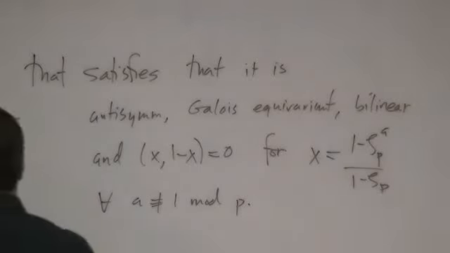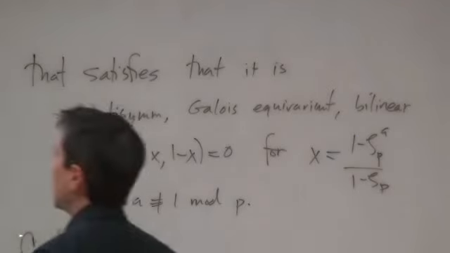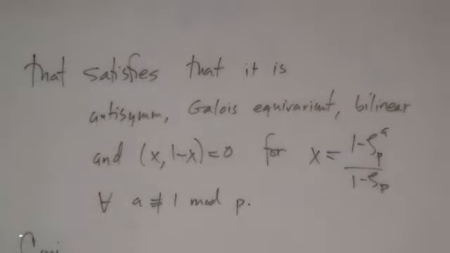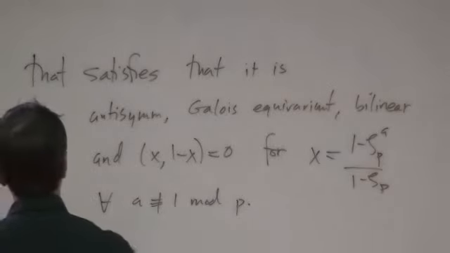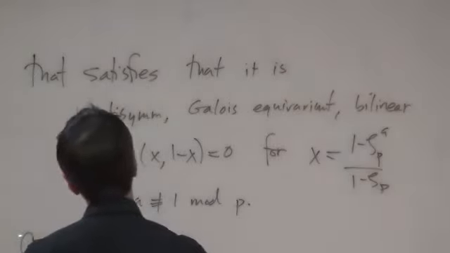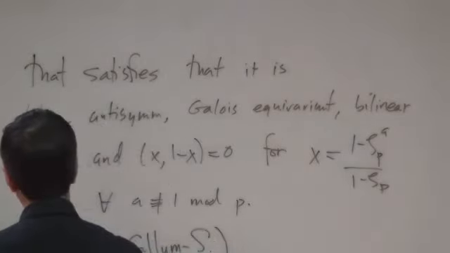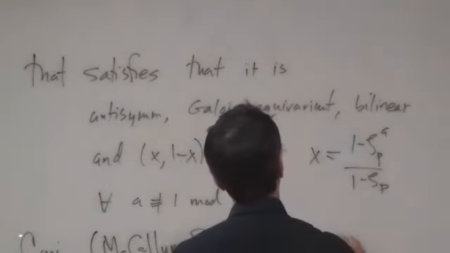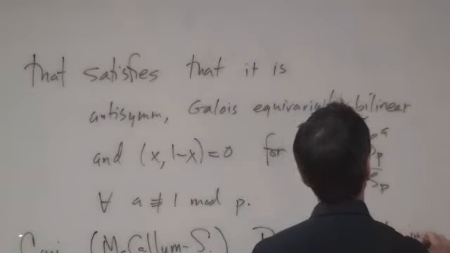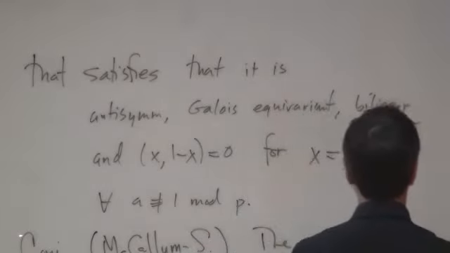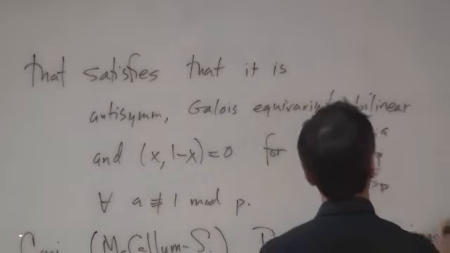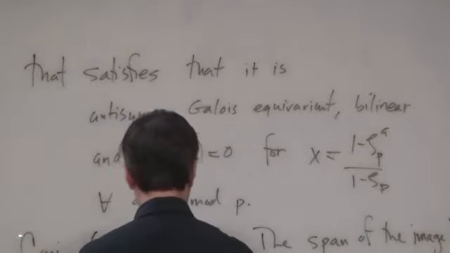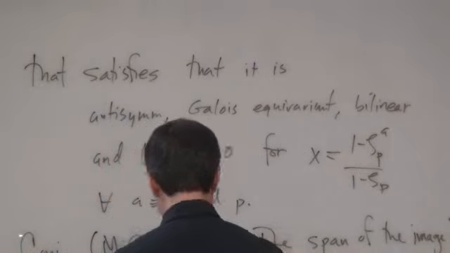Okay, but then of course since in each case for an irregular pair we found such a non-trivial pairing, and in most cases for a regular pair we found a zero pairing, we made the conjecture when we imposed these relations that this pairing, or the span of the image of the pairing, is all of H2, the plus part.